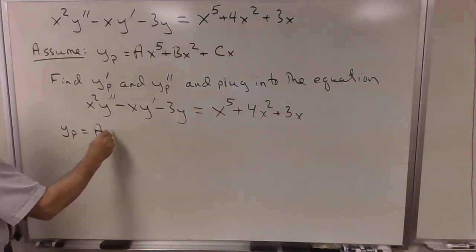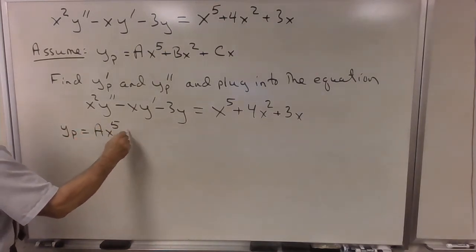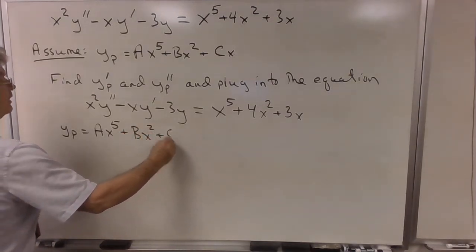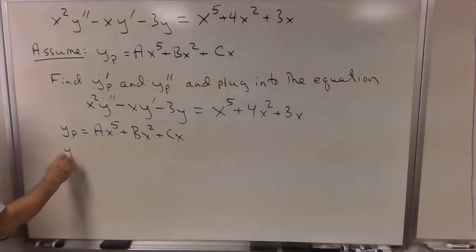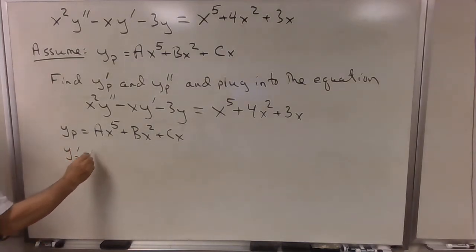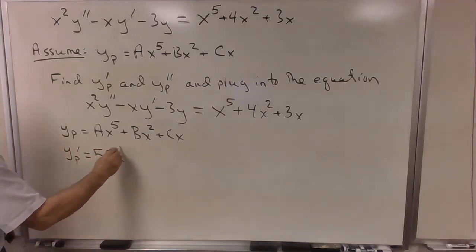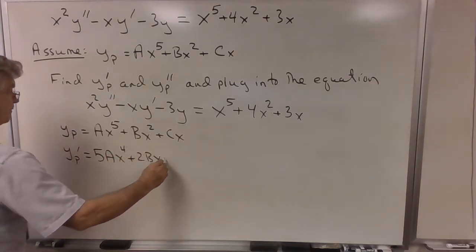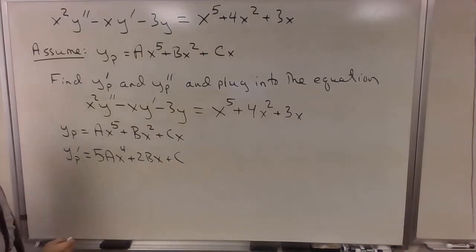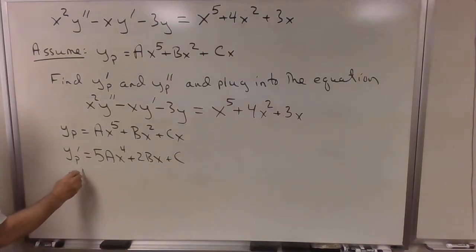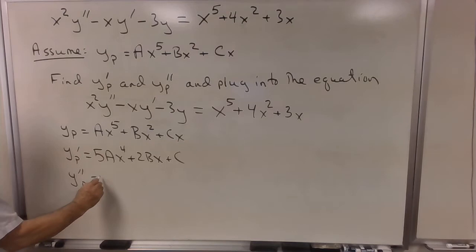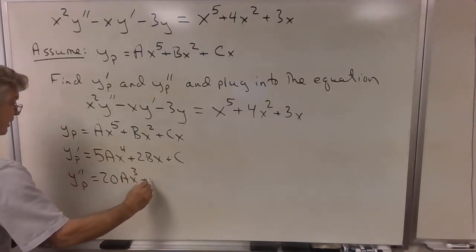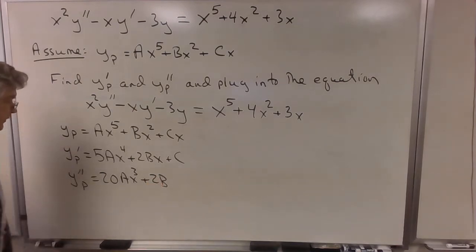Again, the particular solution is Ax to the fifth plus Bx squared plus Cx. So y prime will be 5Ax to the fourth plus 2Bx plus C. And y double prime is going to be 20Ax cubed plus 2B.